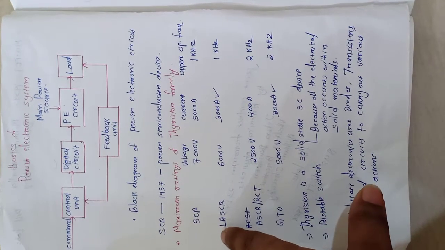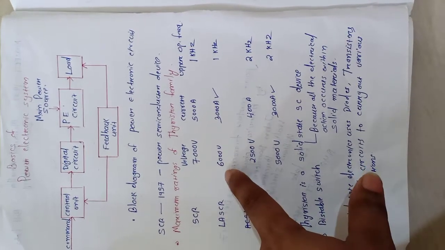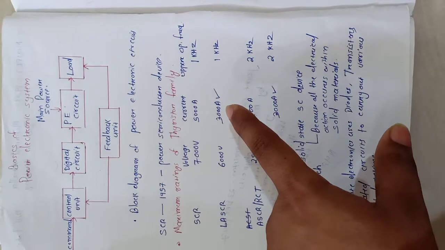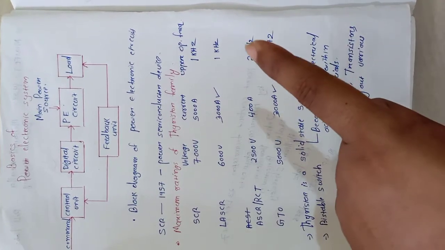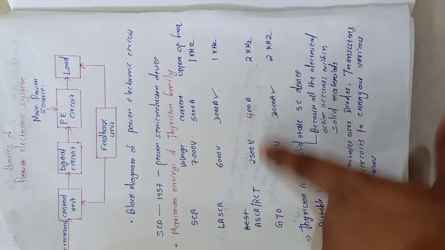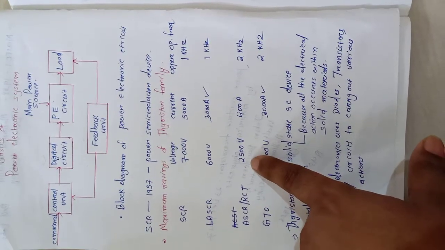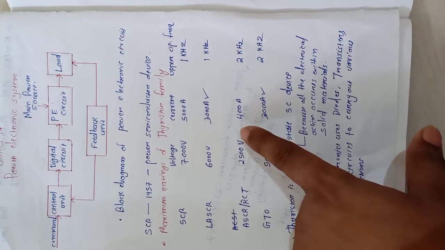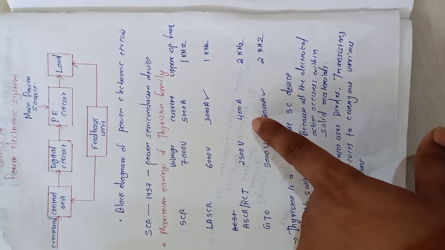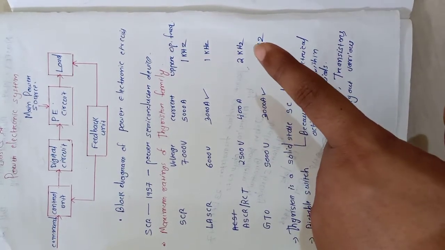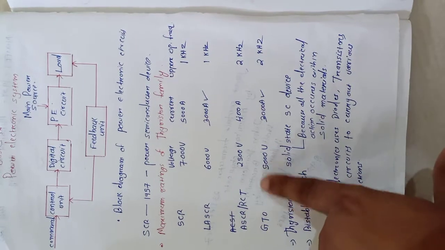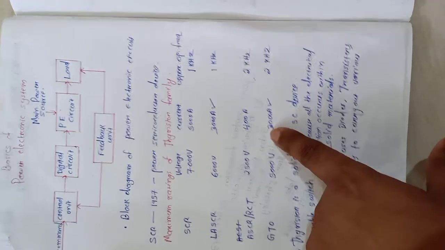Similarly, for light activated SCR, voltage is 6000 volt, current rating 3000 ampere, upper frequency 1 kilohertz. For an RCT, our voltage rating is 2.5 kilovolt, current rating is 400 amperes, upper frequency 2 kilohertz. Similarly for GTO, 5000 volt, 3000 ampere, 2 kilohertz.